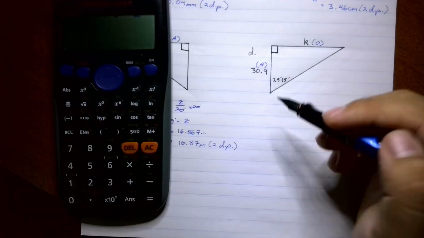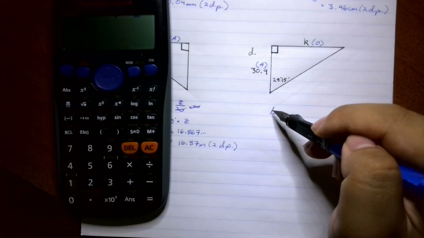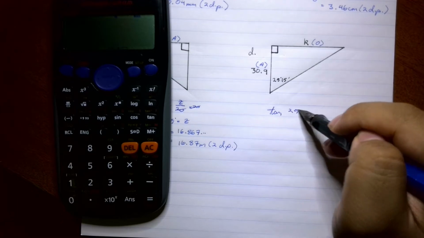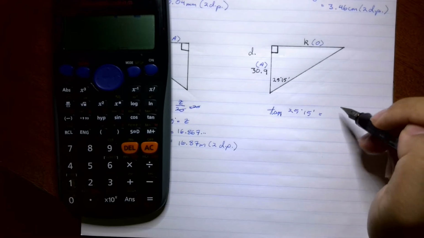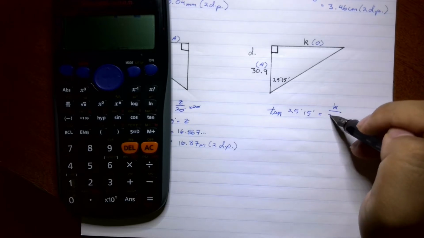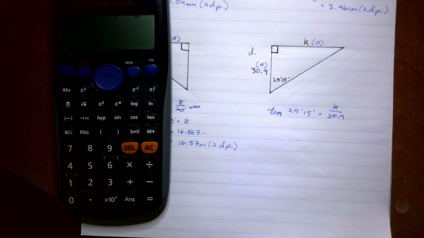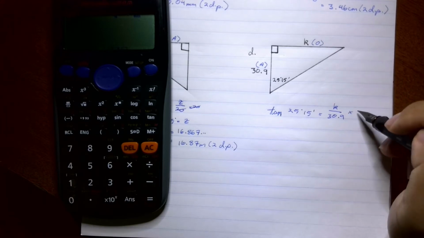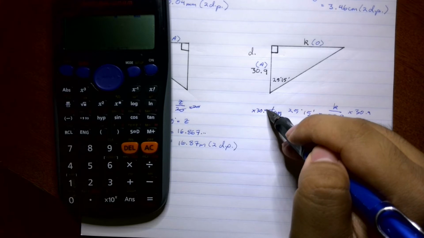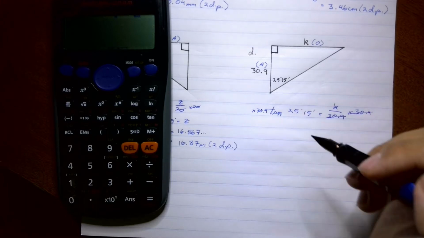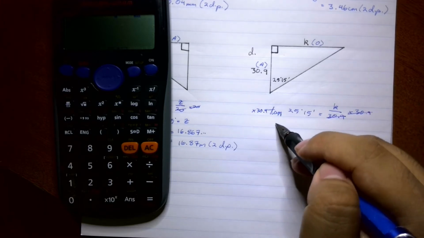That must mean we have to use tan of 25 degrees 15 minutes is equal to K over 30.9. Multiplying both sides by 30.9, cancels those out.